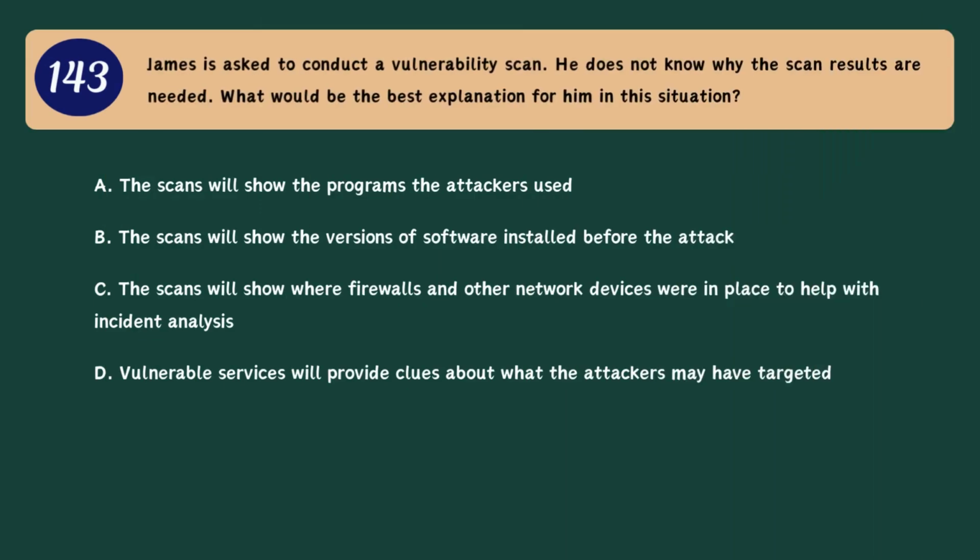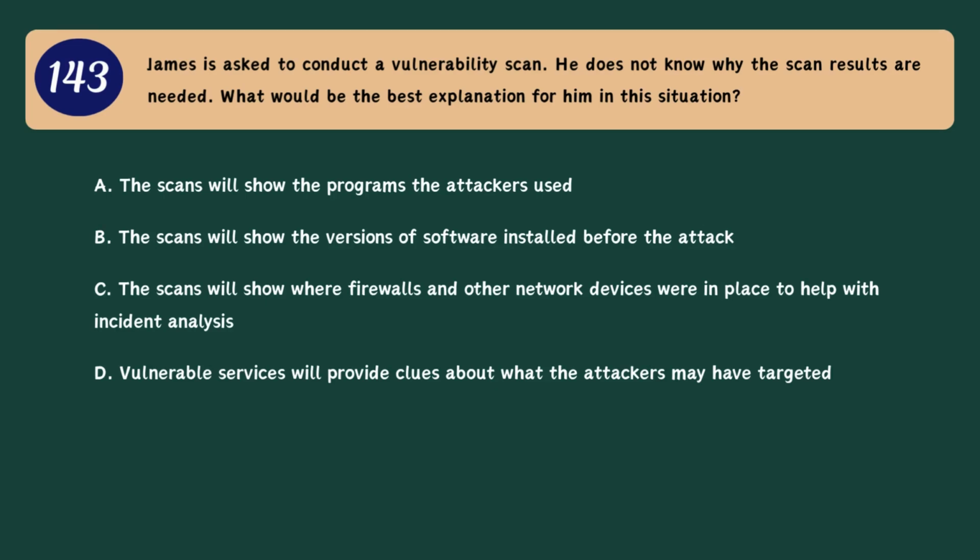Question 143. James is asked to conduct a vulnerability scan. He does not know why the scan results are needed. What would be the best explanation for him in this situation? A. The scans will show the programs the attackers used. B. The scans will show the versions of software installed before the attack.